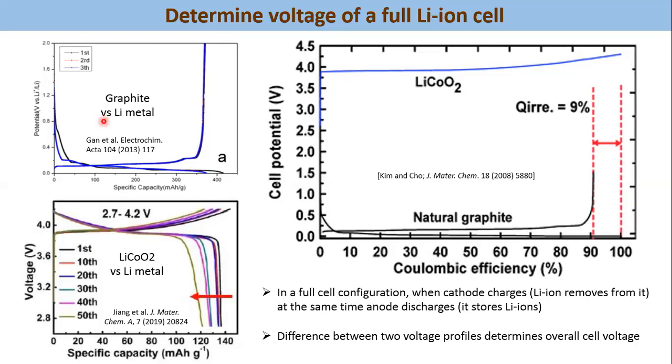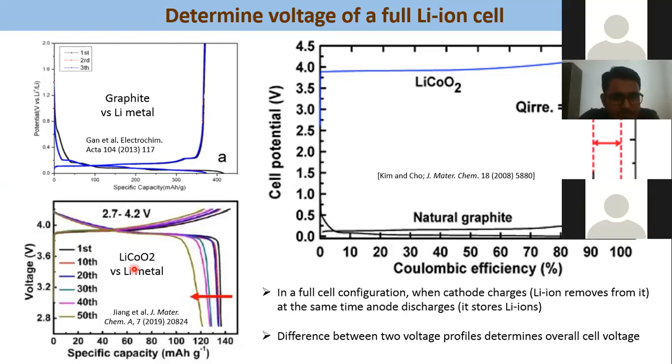Okay, if you don't want to cycle both the materials against each other in the same cell, you simply subtract about 0.2 from 3.9. Okay, so what will come? It will come around 3.7 or 3.6. So that is the cell voltage. But for practical application, you assemble a graphite anode and a lithium cobalt oxide cathode in a cell and cycle it. Similarly, you will get a voltage profile like this, and the difference of these two profiles will be your cell voltage.